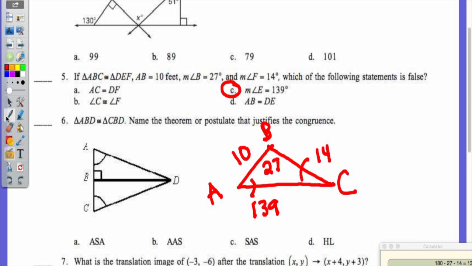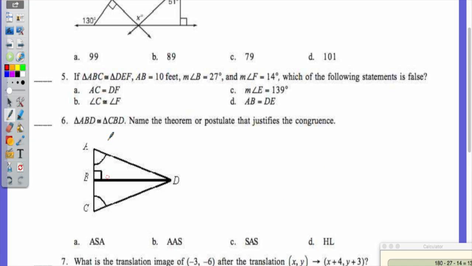Okay, number 6. And this is one of the things that kids ask questions on. They say, Mrs. Falk, how do I know when to use angle, angle, side, or hypotenuse, leg, or whatever the case may be? This is a right triangle. Okay? That means this is also a right triangle, correct?